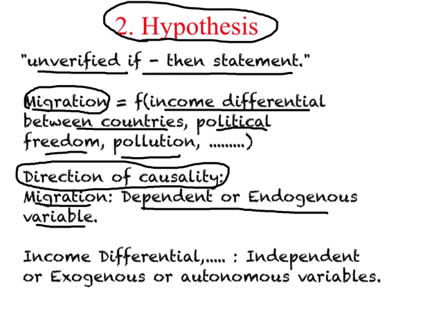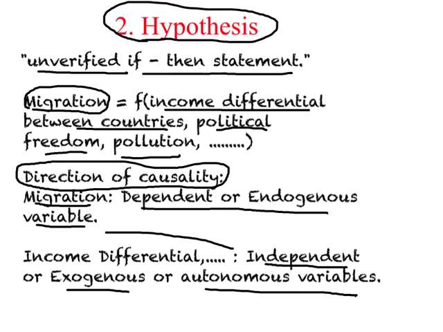Then we have a bunch of variables which impact migration, and all these variables are called independent or exogenous or autonomous variables. And since these terms, independent, exogenous or autonomous, mean one and the same thing, we'll use them interchangeably.